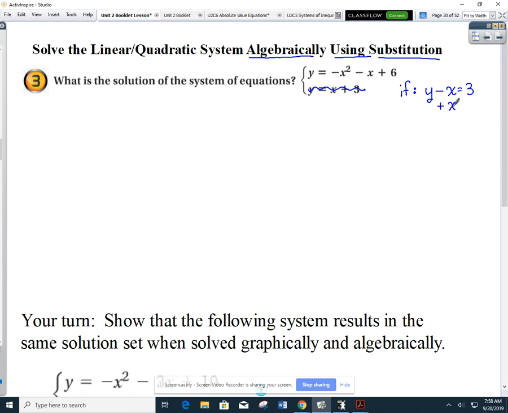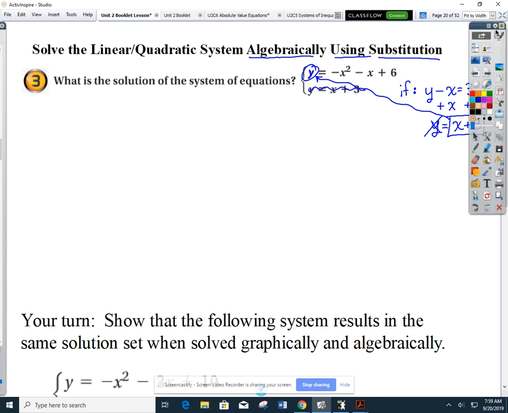So we would add x to both sides, and then we would have y equals x plus 3. And then we would be able to use substitution and say instead of y, I'm going to use x plus 3. And that's what we do here. We say instead of y, we're going to use x plus 3. So we're substituting x plus 3 in for y.